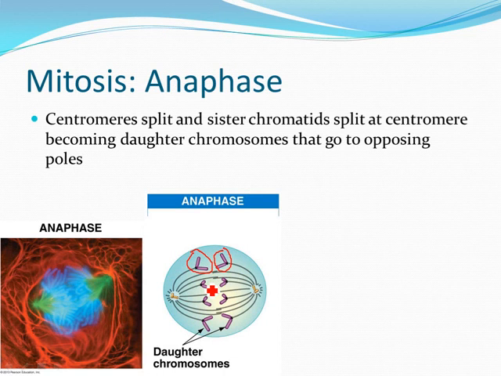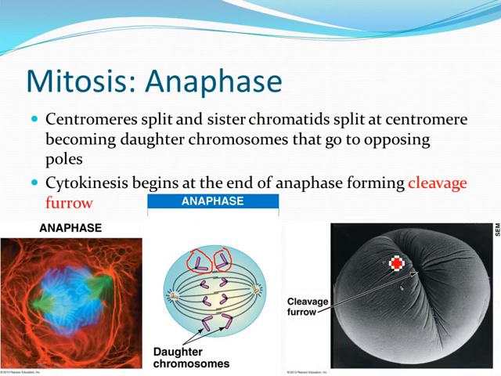And these daughter chromosomes go to opposite sides of the cell due to the microtubules, the spindle fibers, pulling them from the centrosome. At this very end of anaphase, depending on which textbook you look at, some textbooks say that cytokinesis occurs in telophase.